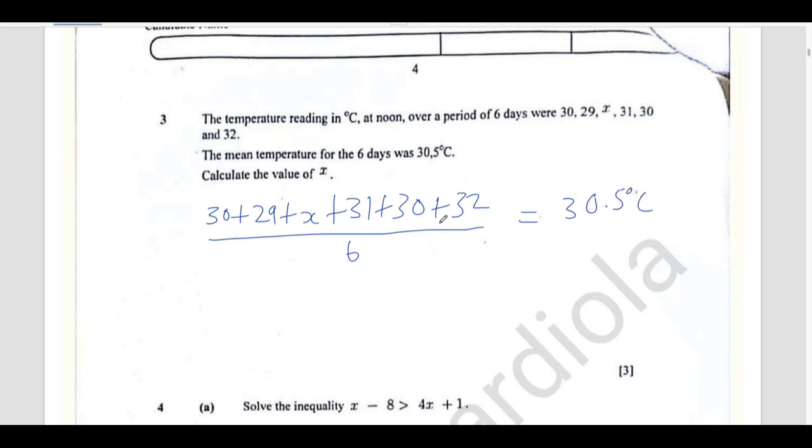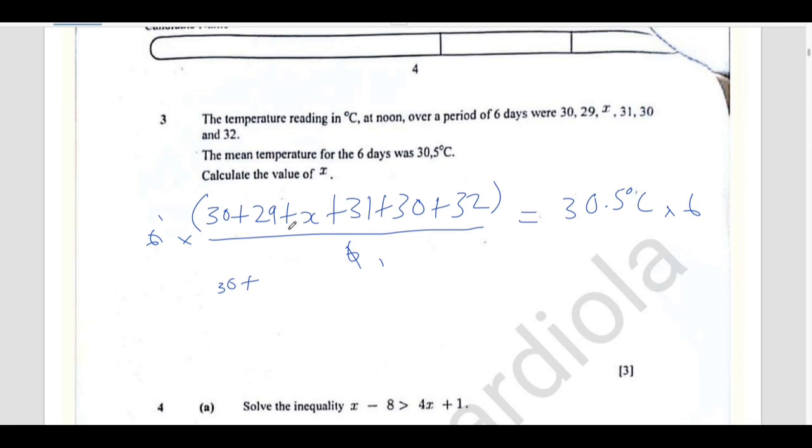We now multiply both sides by 6 so that we eliminate the fraction part. If we multiply the left side by 6, we're just going to cross out the denominator. And if we multiply the right side by 6, we're going to get a certain number.